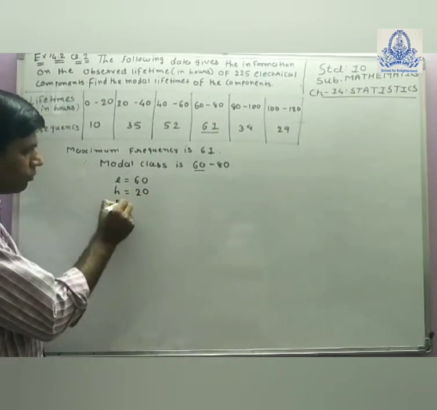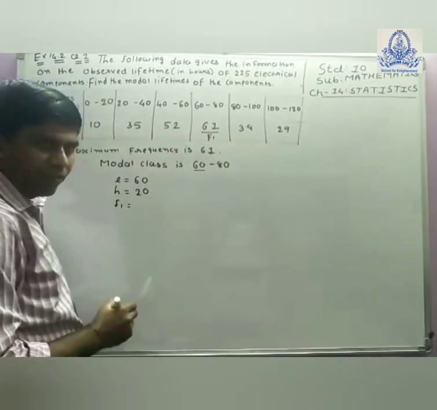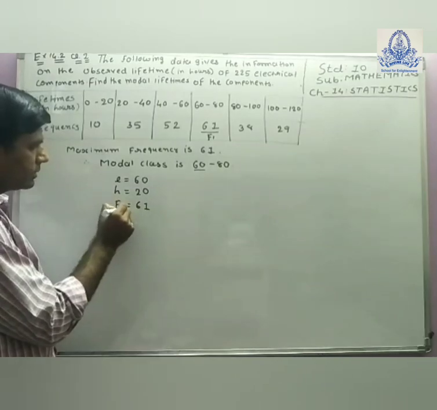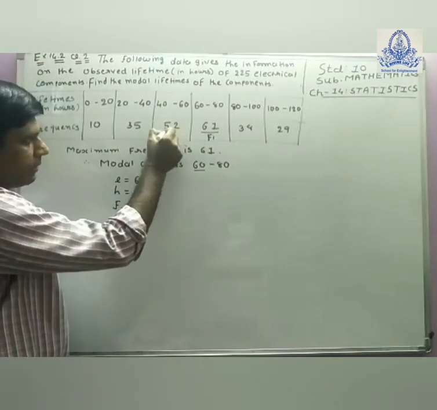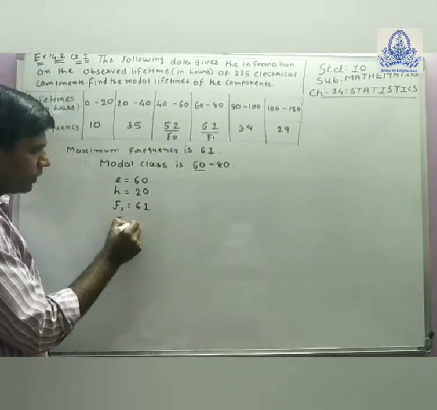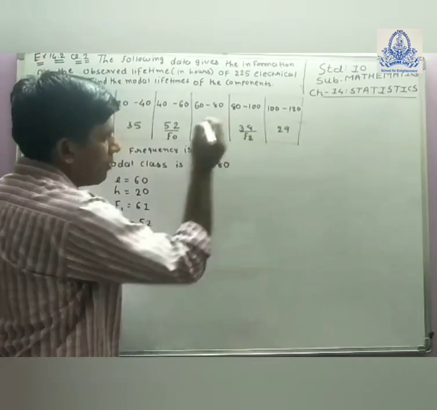Now F1. What is F1? The maximum frequency is our F1, that is, F1 is 61. The frequency before F1, that means 52, that is F0. F0 is 52 and 38 is our F2.